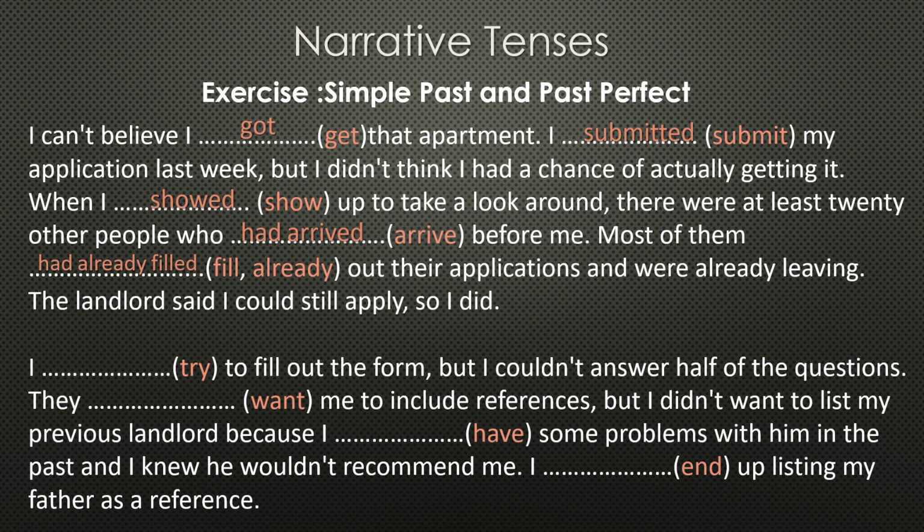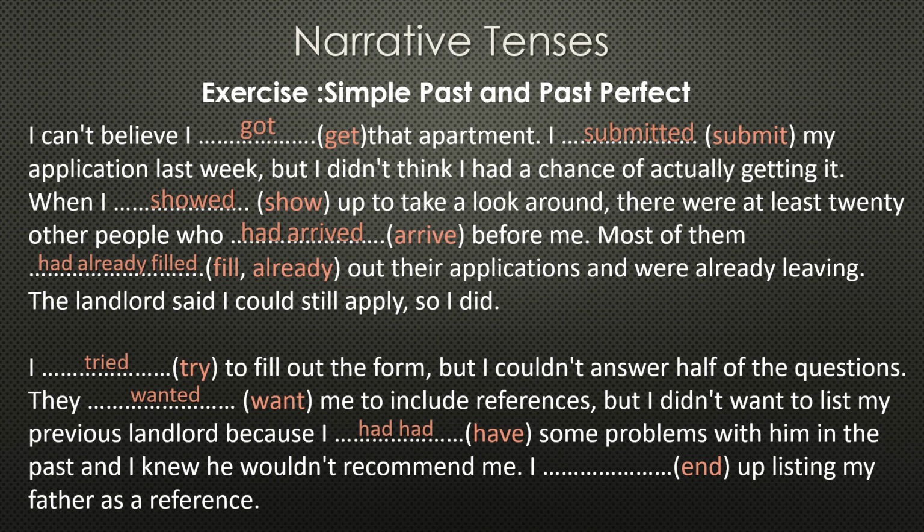The landlord said I could still apply, so I did. I tried to fill out the form, but I couldn't answer half of the questions. They wanted me to include references, but I didn't want to list my previous landlord because I had had some problems with him in the past and I knew he wouldn't recommend me.